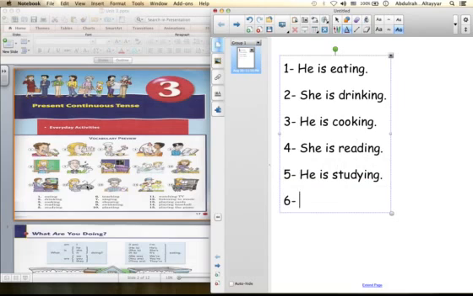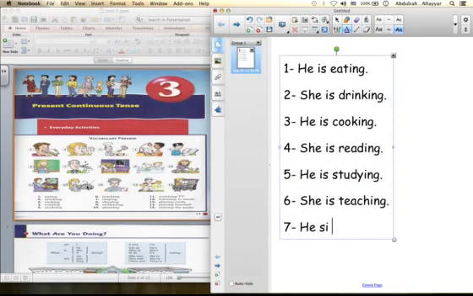Number six, she is teaching. Number seven, he is singing. Number eight, she is sleeping.